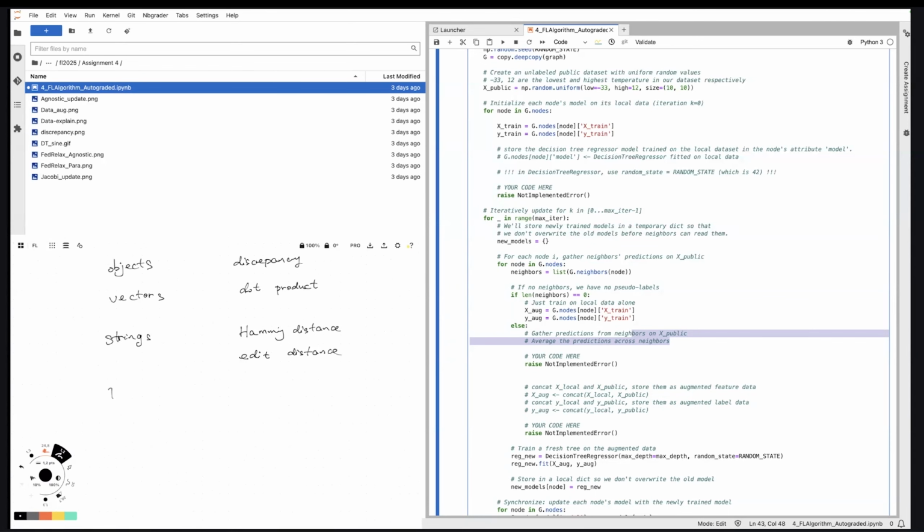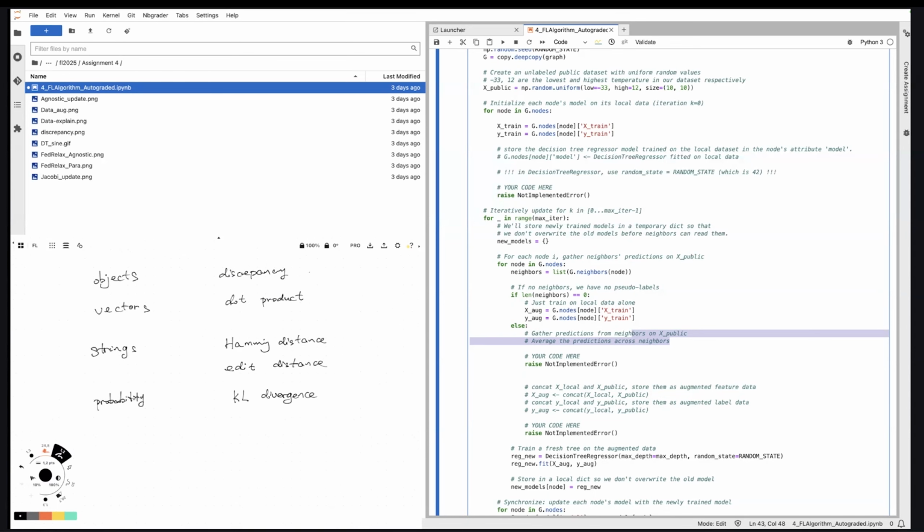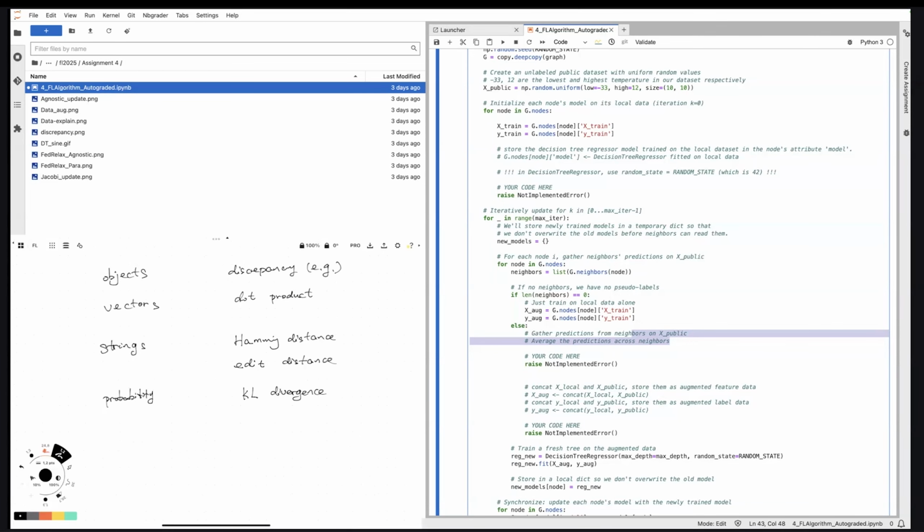How do we compare two probabilities? One method is using KL divergence. And how can we compare, for example, matrix spaces?